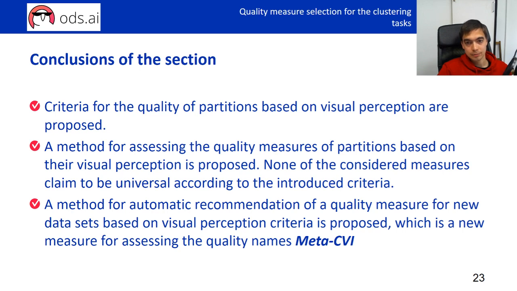And finally, a method of automatic recommendation of a quality measure for a new dataset based on the visual perception criteria was proposed, which is also a new measure for assessing the partition quality itself that we call meta-CVI.